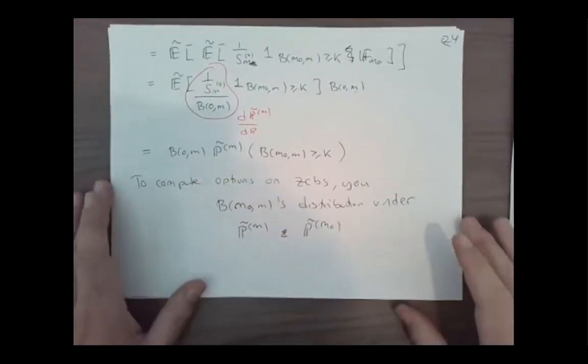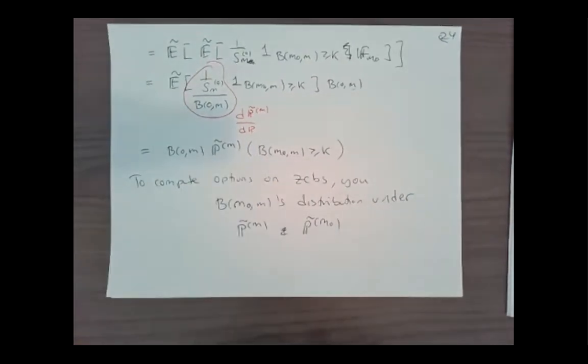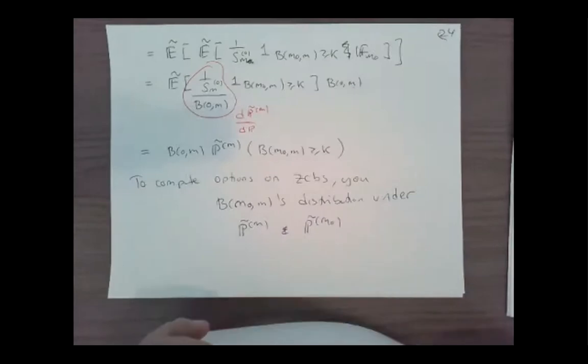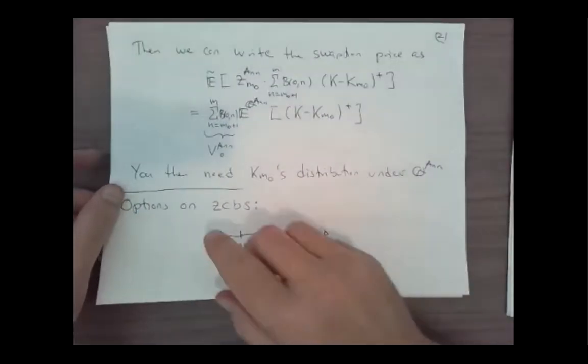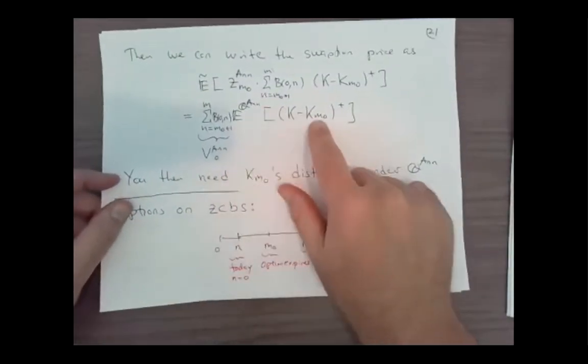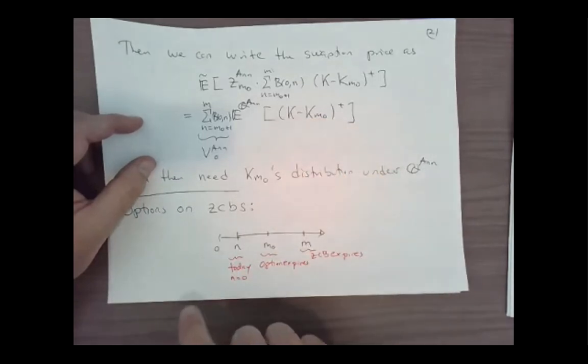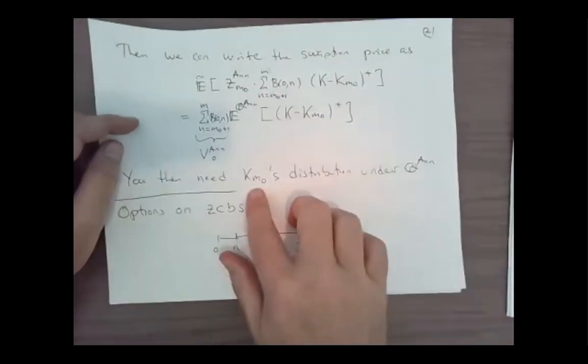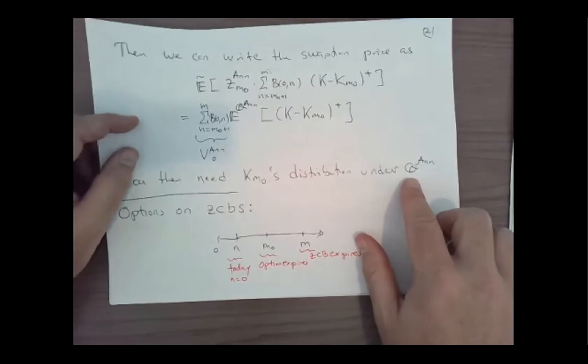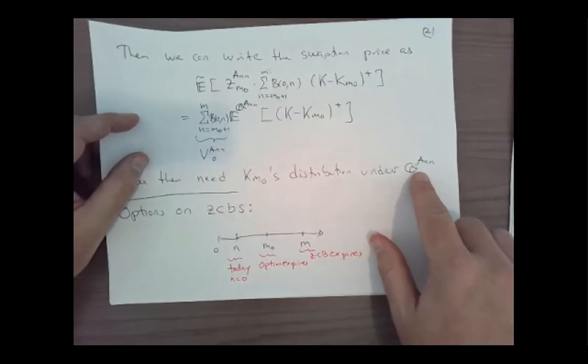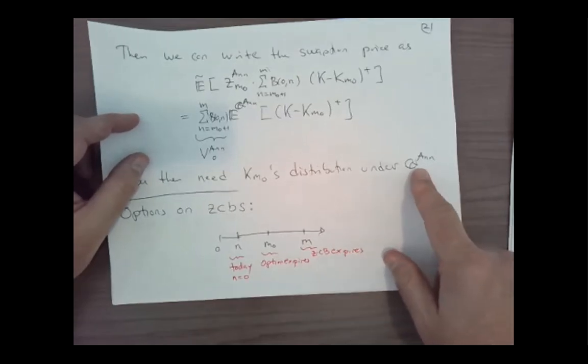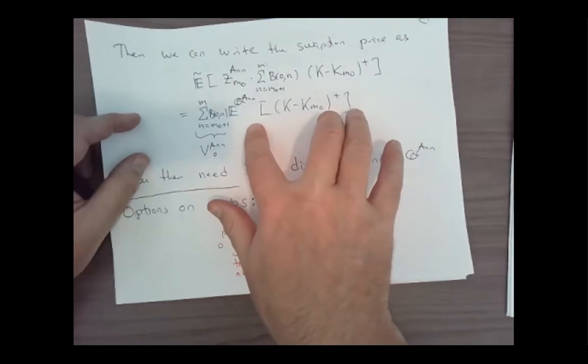If you have a model where you want to price options on swaps, then you're going to prescribe dynamics under this annuity measure, because that's the expectation you need to calculate.